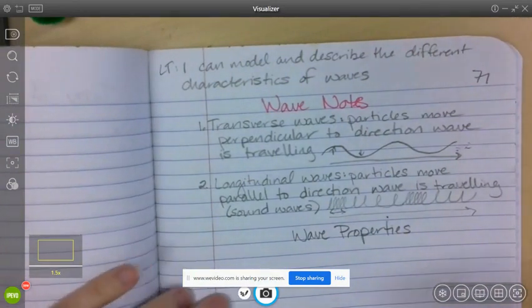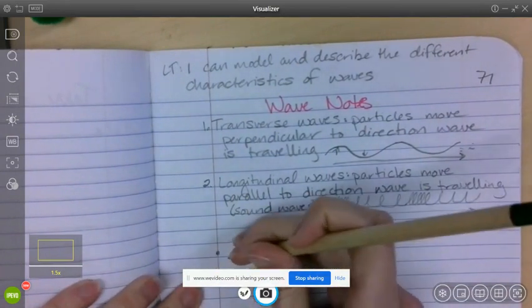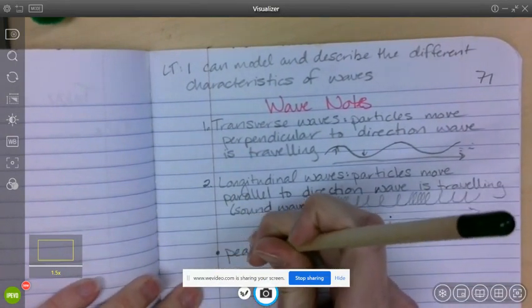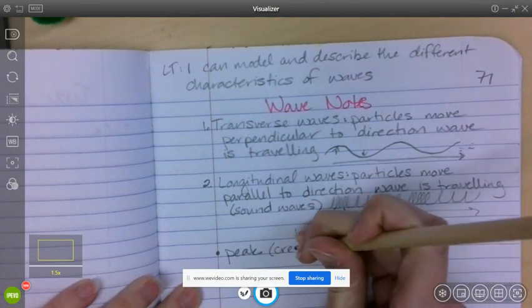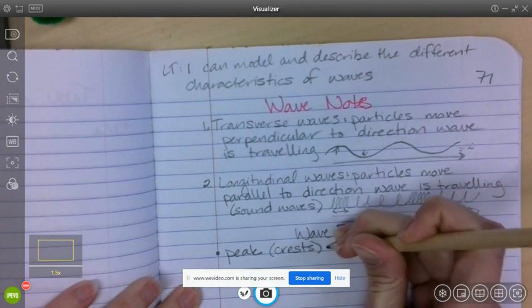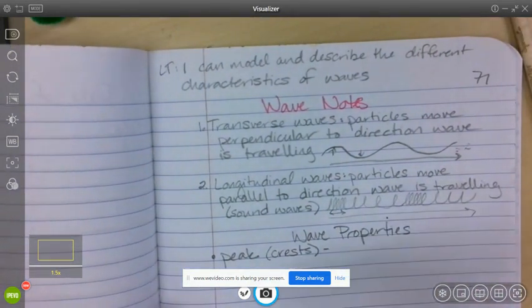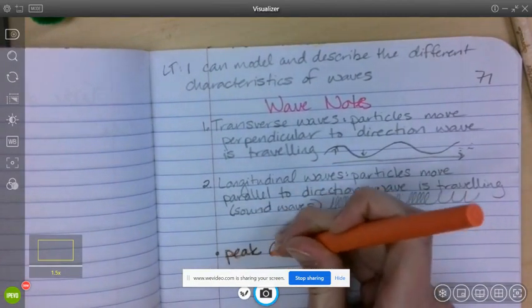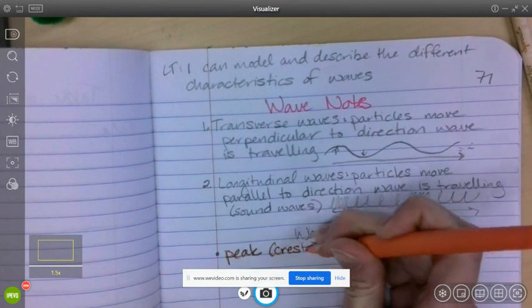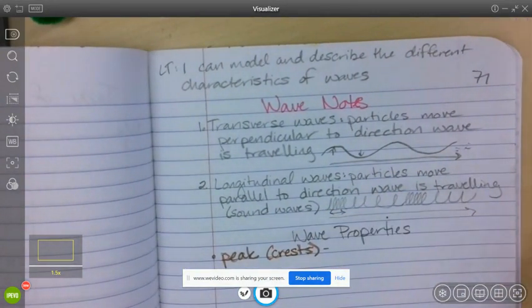Okay, so the first wave property that we are going to talk about are called peaks. Just like mountain peaks. Peaks, you might also hear them called crests. They are the highest point of a wave. I told you I was going to do color and then I didn't. Peaks or crests. Highest point on the wave.